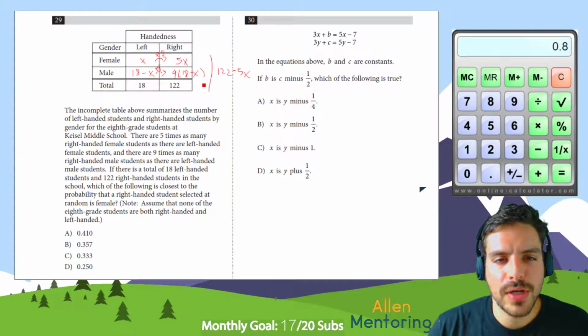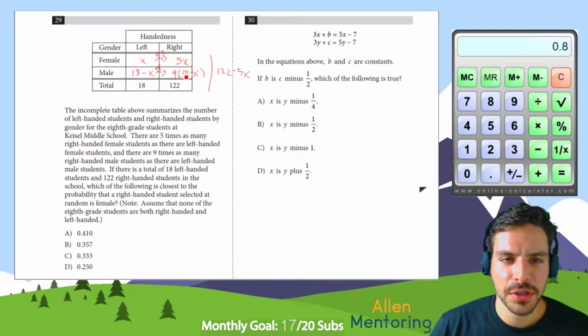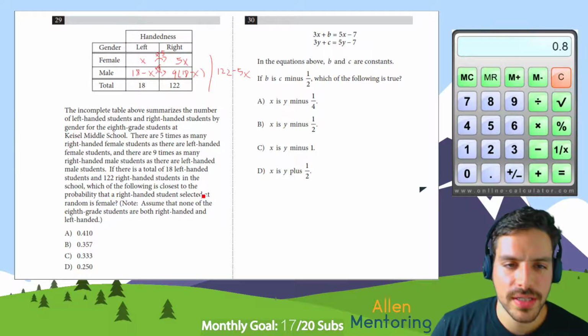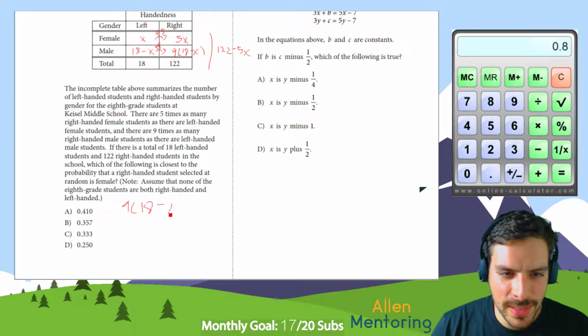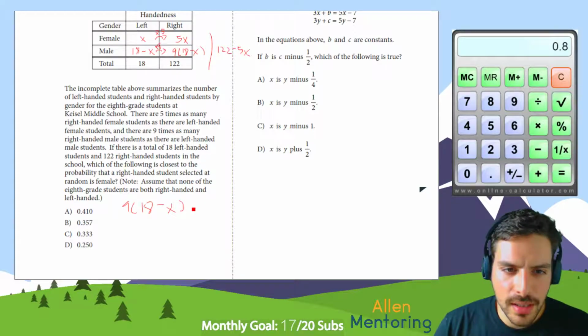Oh, so it actually helps us. We can solve for x, right? Because we know both those things are true: it's 9 times 18 minus x, and it's also 122 minus 5x. So why don't we set those two equal to each other? 9 times 18 minus x is equal to 122 minus 5x.